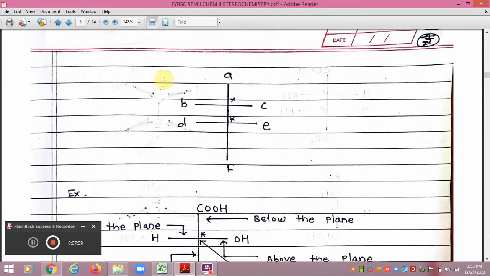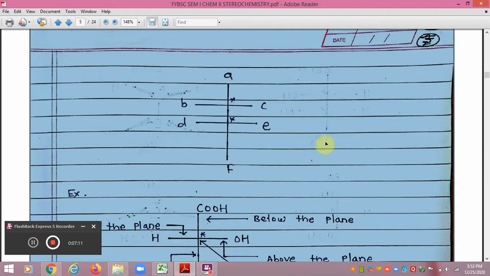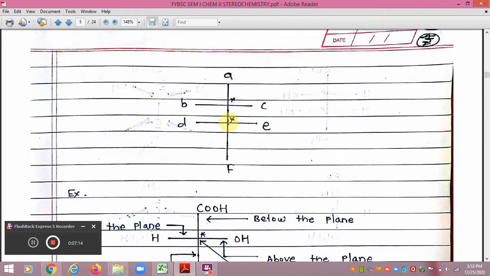And for a compound containing two asymmetric carbons, the same thing applies. Now this asymmetric carbon and this asymmetric carbon are joined by a carbon-carbon single bond, and both are present in the plane. These are represented vertically.